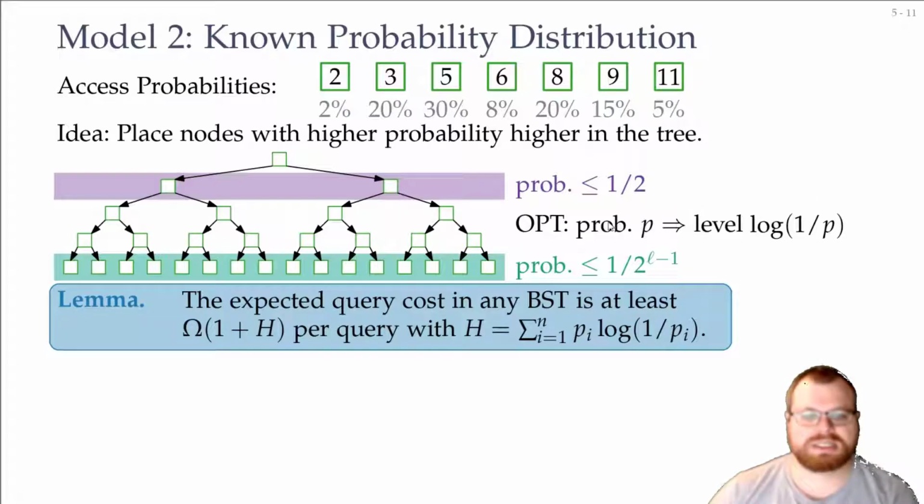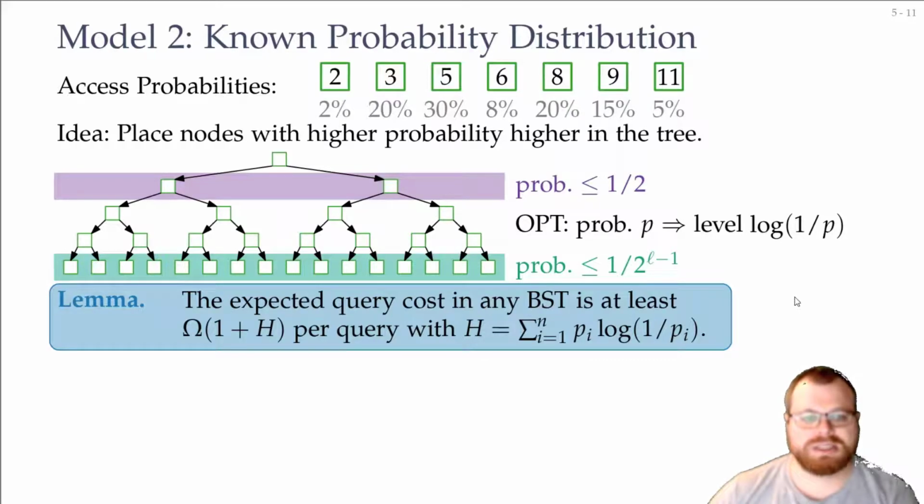The expected query cost is at least omega of 1 plus h per query, where h is the following formula. Every node contributes its probability times the level it is in. So we have the sum over all of them, probability times log 1 over probability.